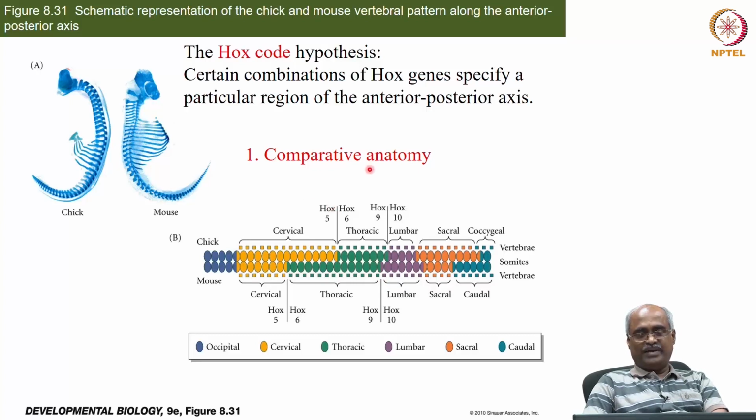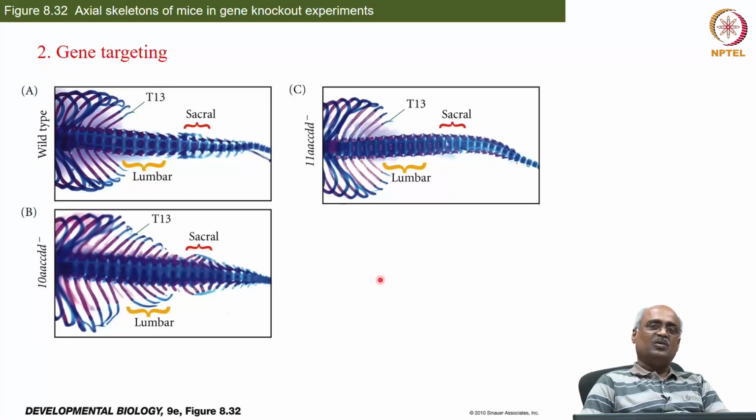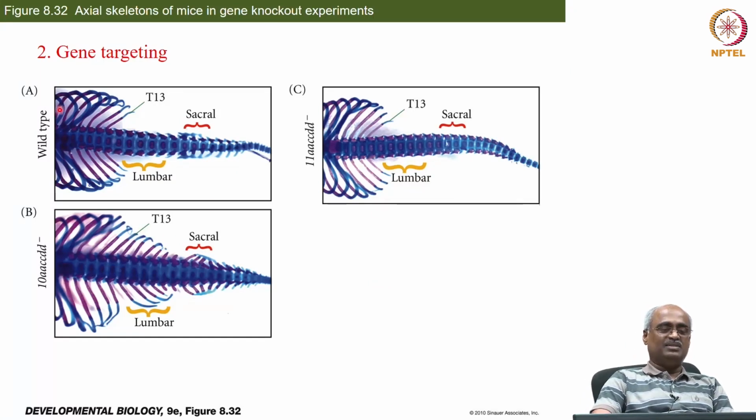So this is comparative anatomy. The expression pattern, what Hox gene is expressed, seems to correspond to what kind of vertebra forms in these two species. And next we are going to look at gene knockout experiments. Here, for example, this is the wild type, where this is the thoracic vertebra forming the rib cage, and then this is the lumbar between your chest and the hip region.